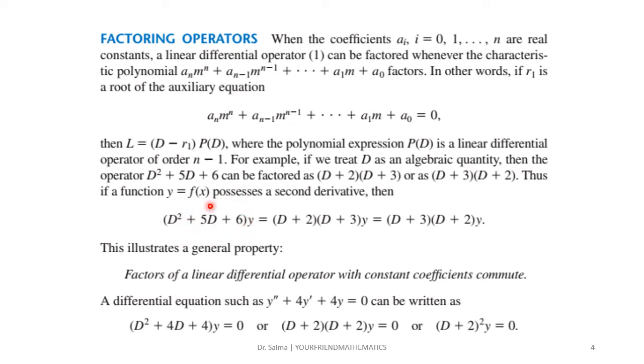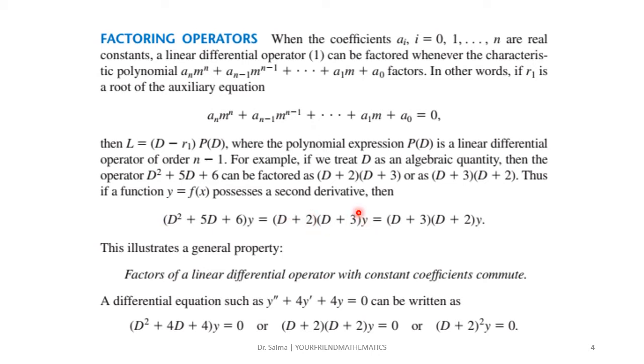First of all we will factor these. You can see that if we take 2 and 3, then 2 into 3 is equal to 6 and 2 plus 3 is equal to 5. So we can factor them as D square plus 3D plus 2D plus 6, and taking D common we get D plus 2 and D plus 3.